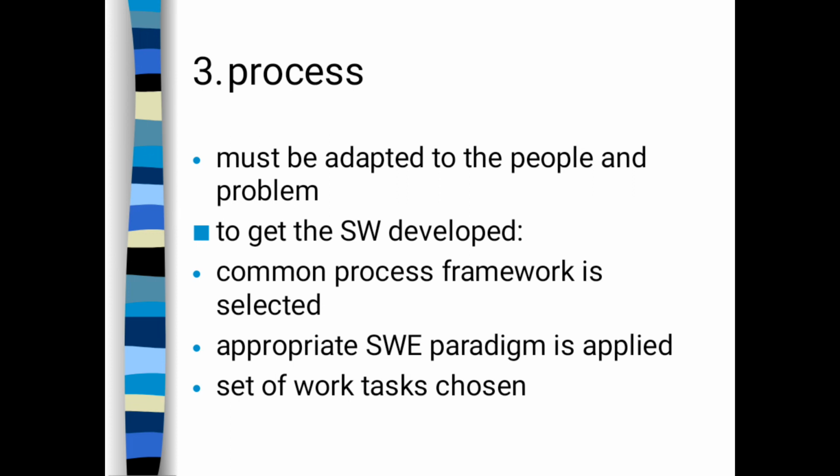Appropriate software engineering paradigm is applied. Set of work tasks chosen. Basically, work breakdown structure takes place, and from the work breakdown structure, tasks are chosen and those tasks are attempted.